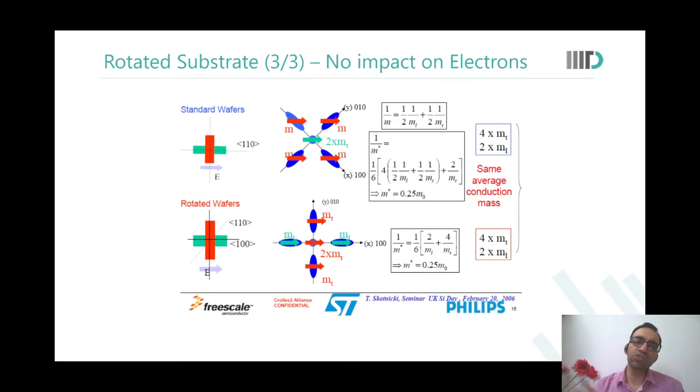There was actually no change in electron mobility, because for electrons, whether the wafers are rotated or not, the effective mass was the same. So hole mobility improved, electron mobility remained the same, with no degradation, and you got a win-win solution. You could save more area.